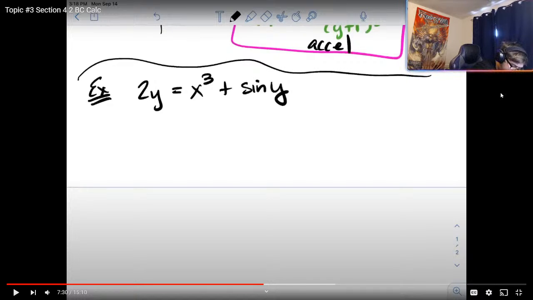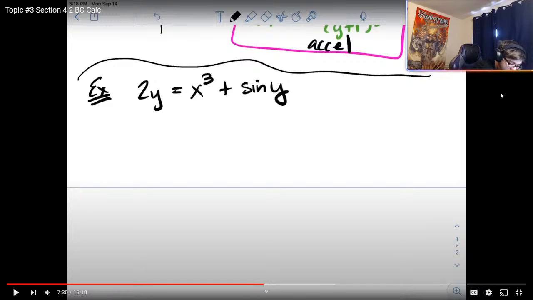So then we can get 2 dy over dx equal to 3x squared plus cosine of y dy dx.